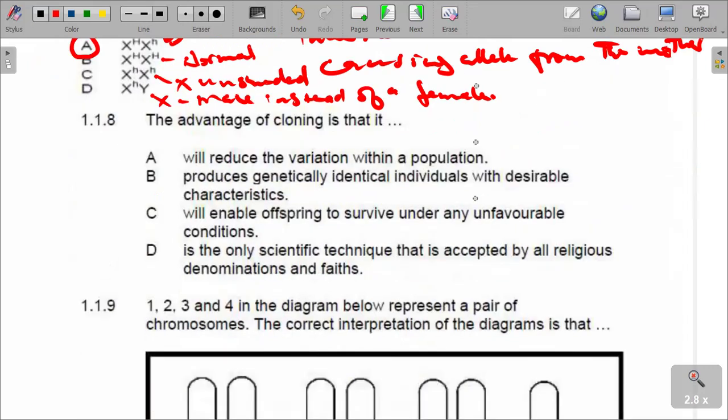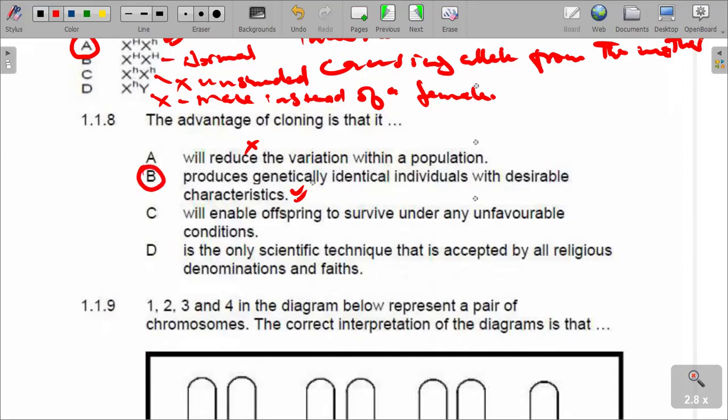The advantage of cloning is that it will reduce the variation within a population. Therefore, it cannot be an advantage. If it reduces, it cannot be an advantage. Produce genetically identical organisms with desirable characteristics, that is exactly what cloning does.